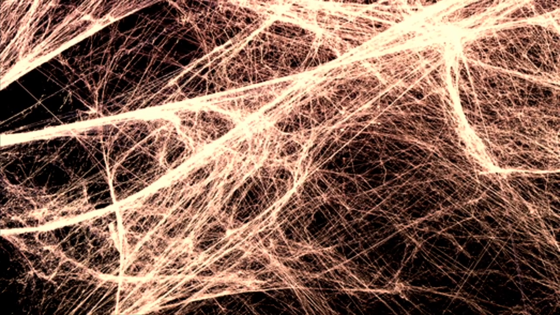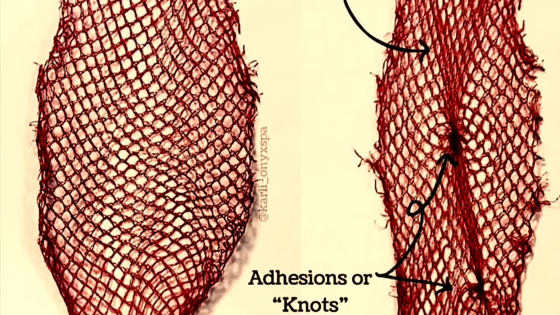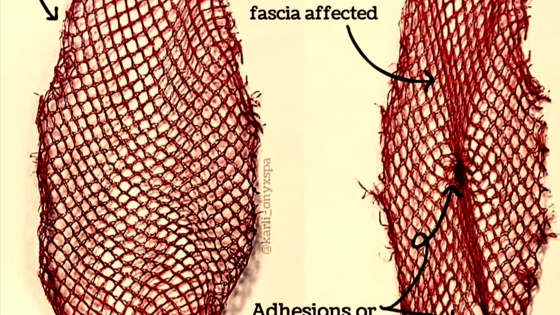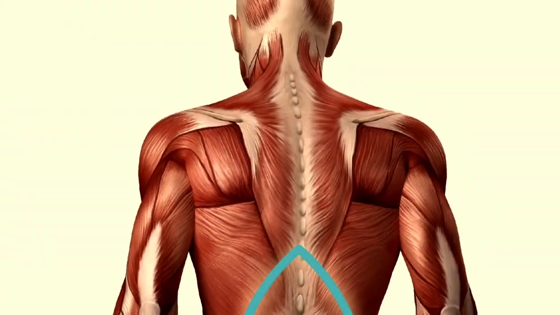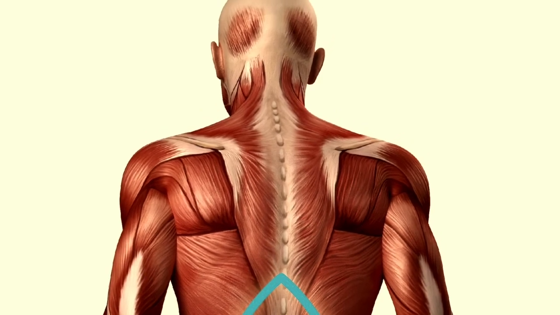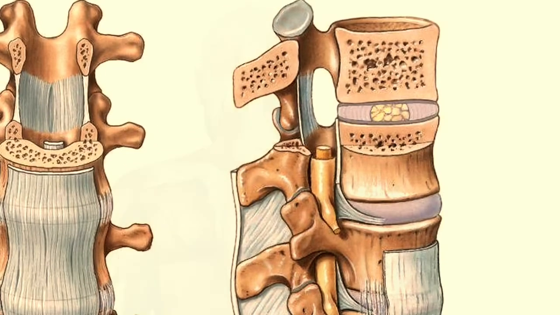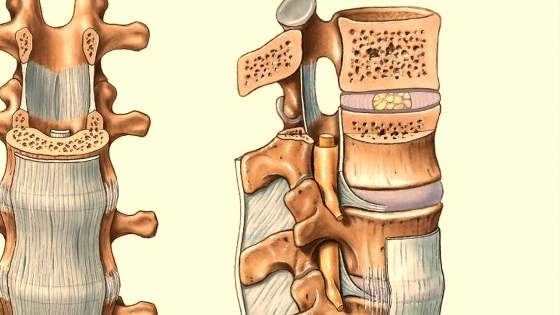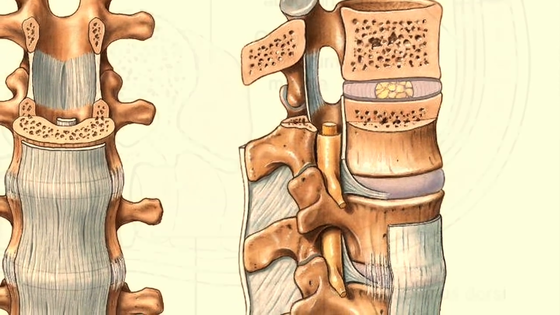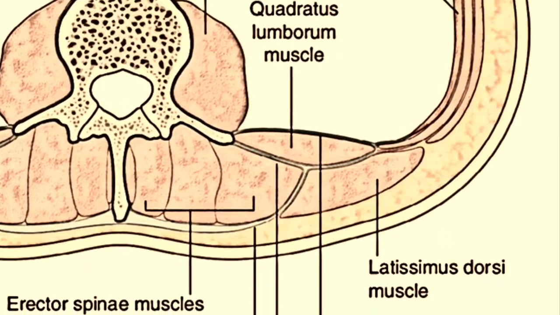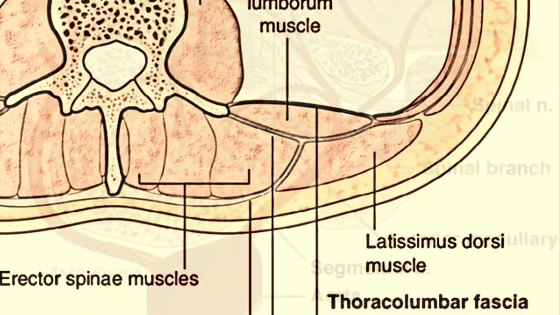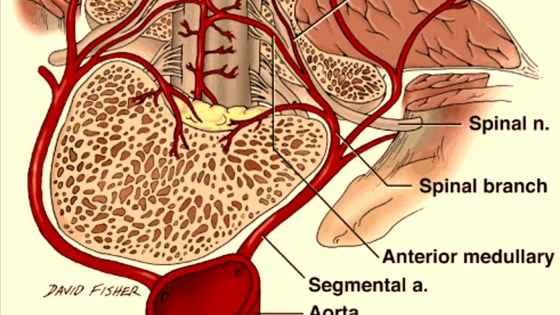Fascia is a net-like structure in the body that covers the organs, muscles, blood vessels, nerves and lymphatics. The fascia called thoracolumbar fascia is connected to major muscles in the low back region and the ligament called anterior longitudinal ligament, which largely supports the spine along with many other blood vessels, nerves and lymphatics.